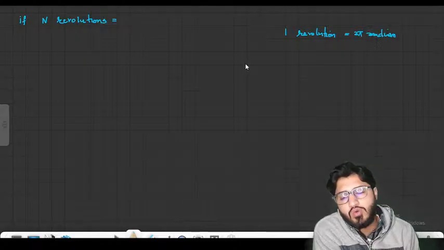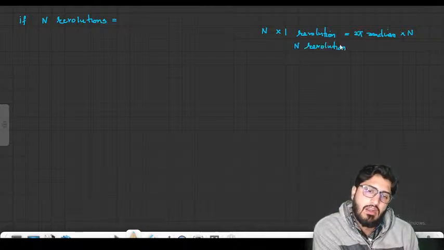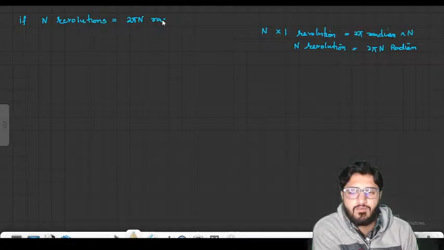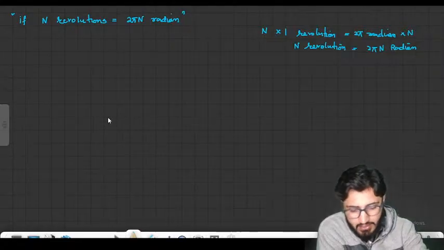If we multiply both sides with n, n revolution would be 2 pi n radian. So n revolution means 2 pi n radian. Clear, no? Very easy to get this done.